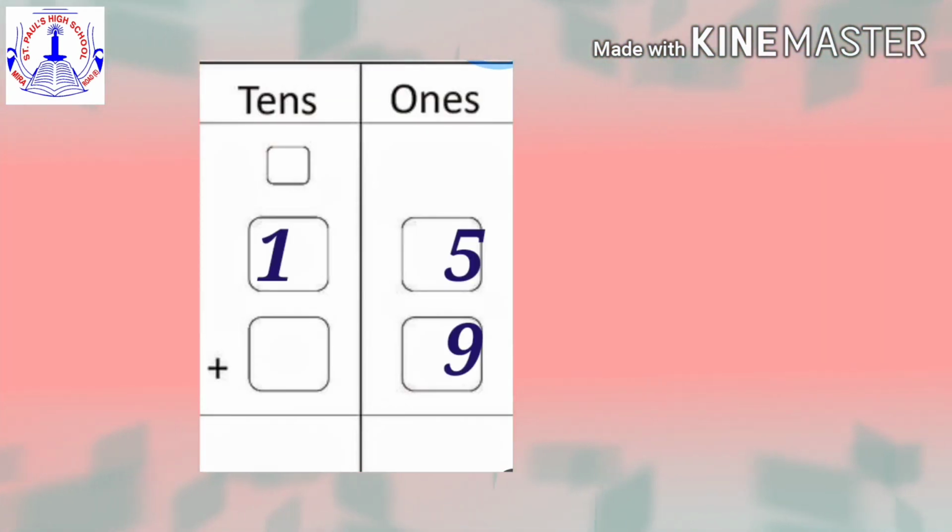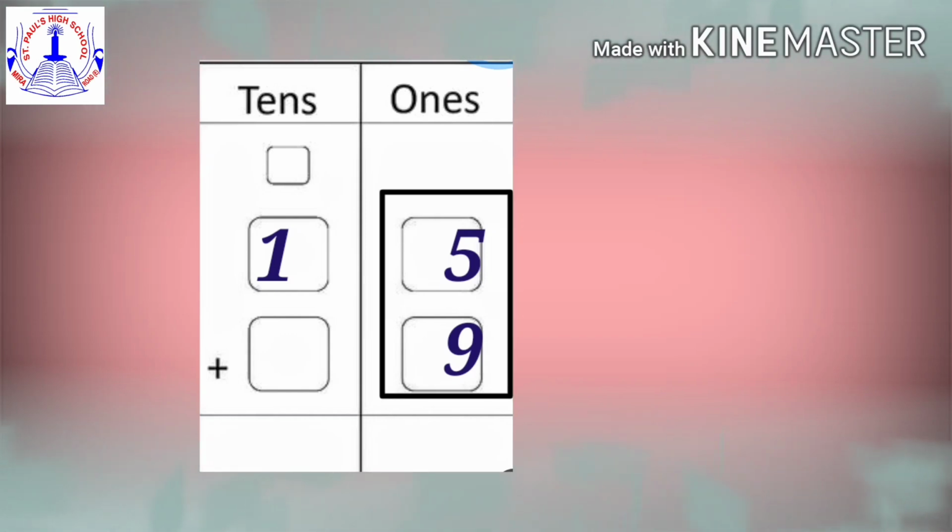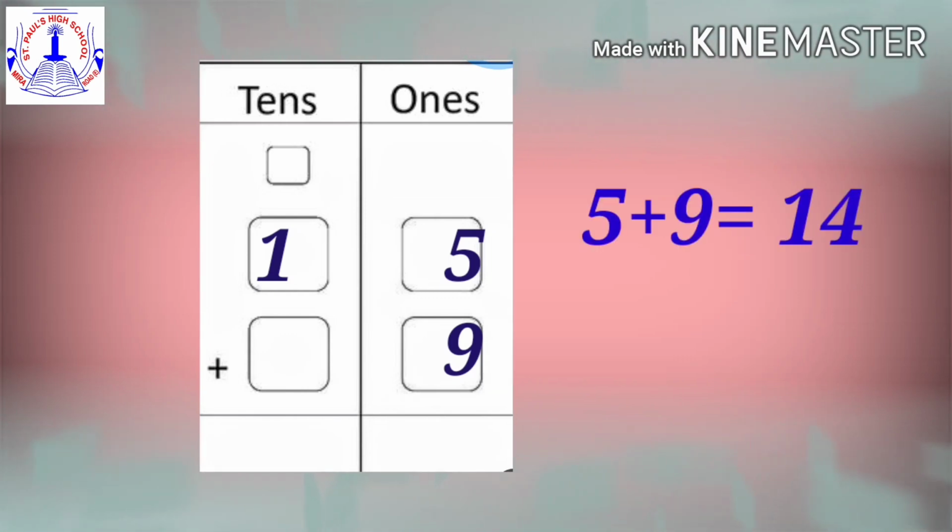The second one, 15 plus 9. As you know, first we need to add the ones place. So 5 plus 9. Let's count. After 9, let's count 5: 9, 10, 11, 12, 13, 14.